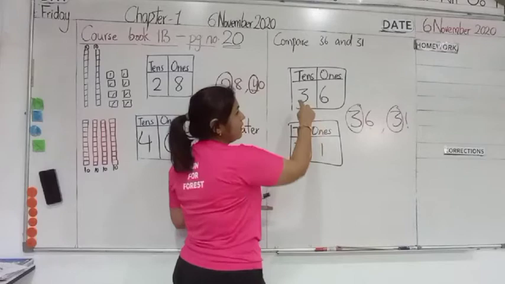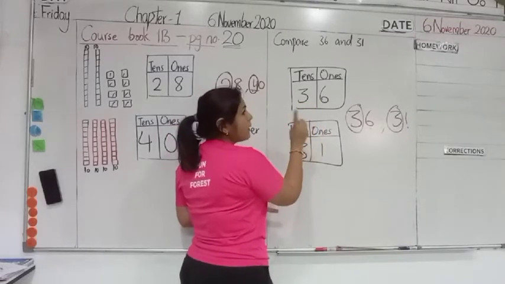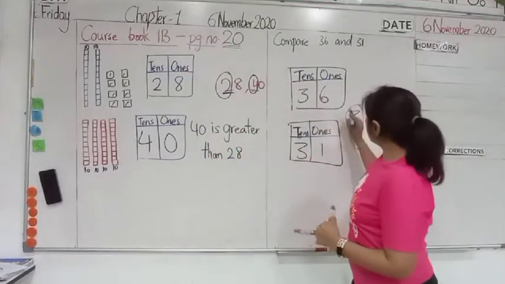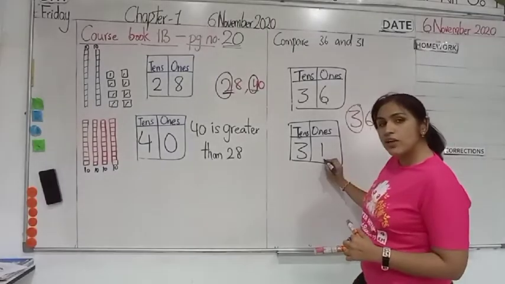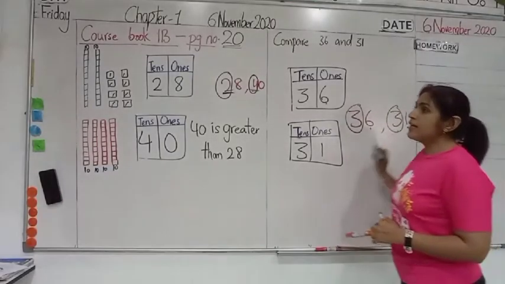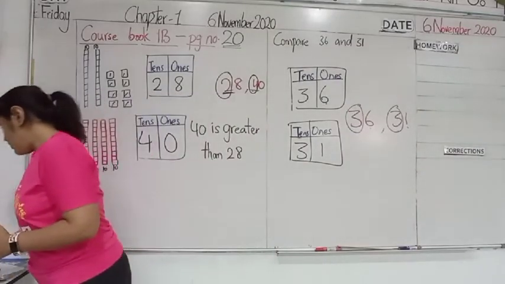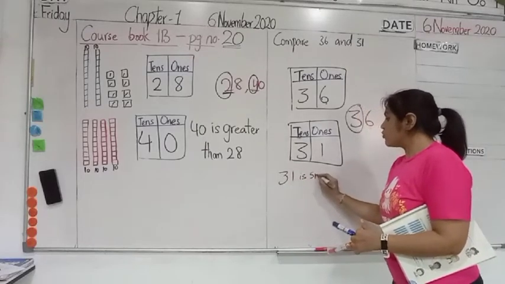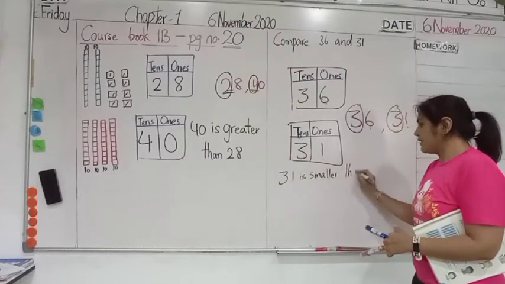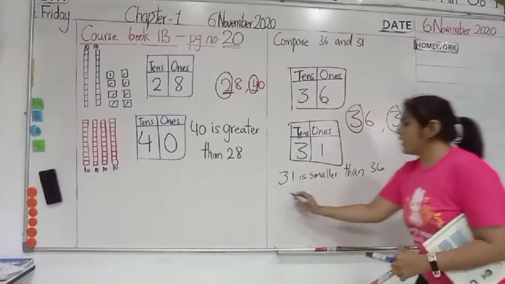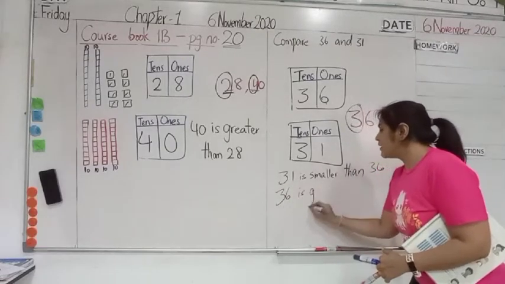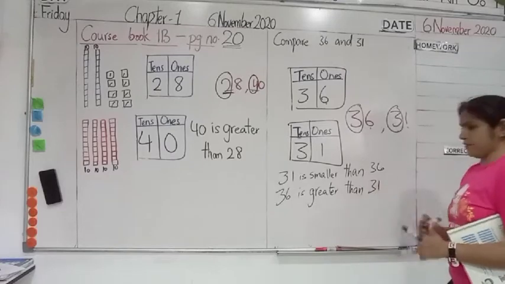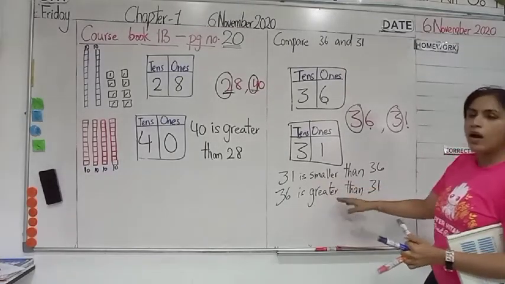Both are starting with 30, but here there are 6 units and here is only 1 unit. So 31 is smaller than 36, and 36 is greater than 31. It's the same, it's just smaller or greater.